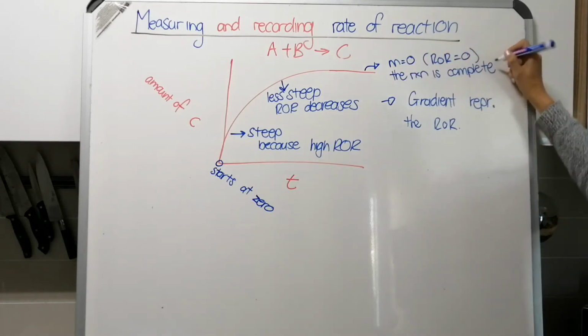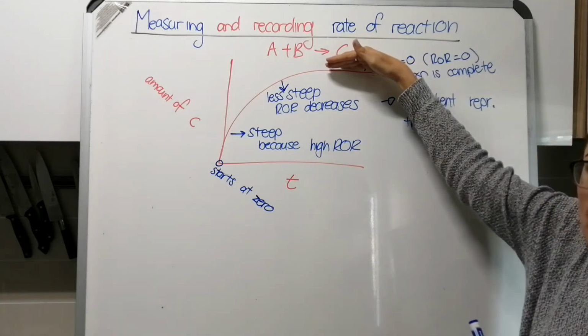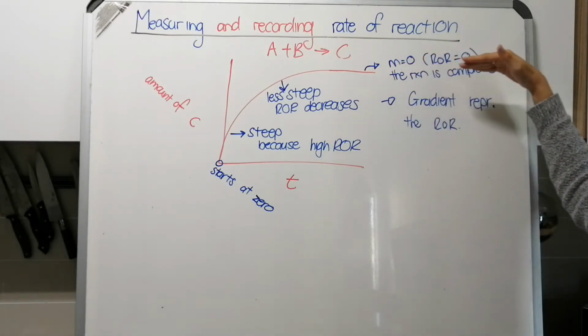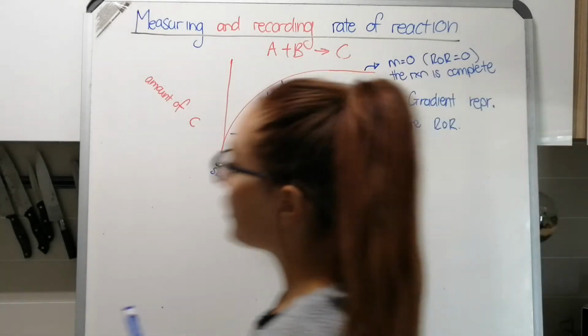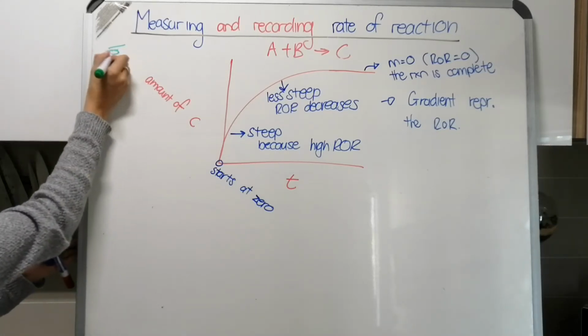We're going to have no more C forming basically. So as time goes by, the amount of C present, the amount of my products present, stays the same. So my reaction has stopped. There's no more reaction taking place. So this graph, the one on the left-hand side, is the graph measuring increase in products. Let's make a little heading here on the side.